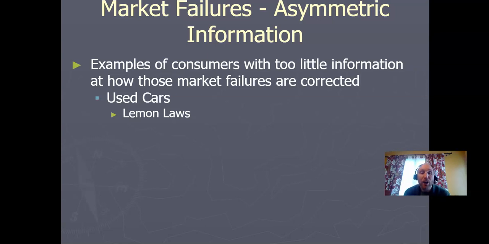So if you buy a car and find out that the information you were given when you bought it was faulty, sometimes you have the ability to get your money back through lemon laws. A lemon is sort of like a car that is sour. It's gross. You don't want it, and because you thought you were getting an apple, you're just getting a lemon.